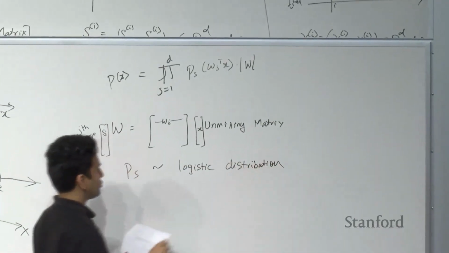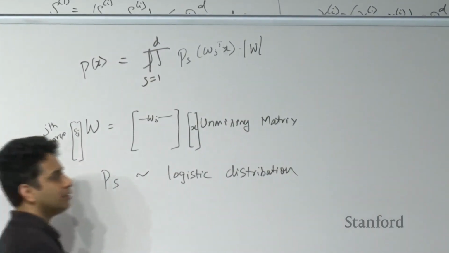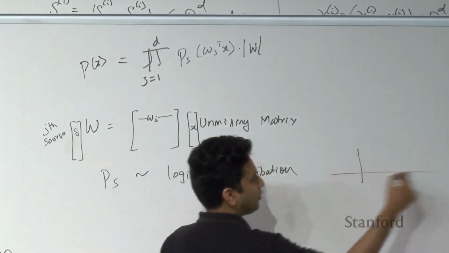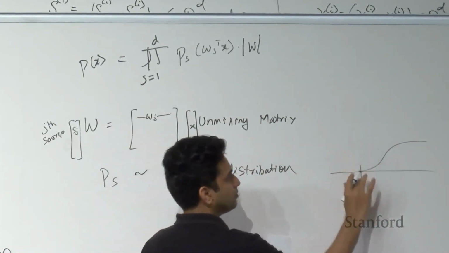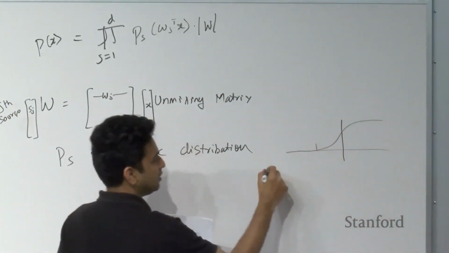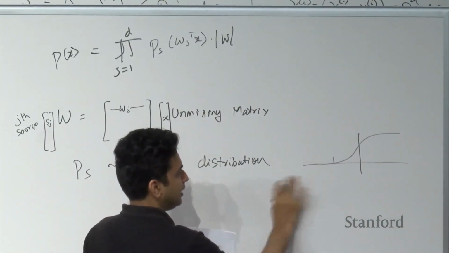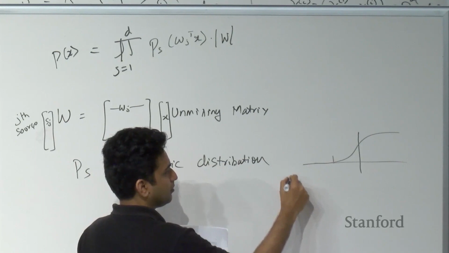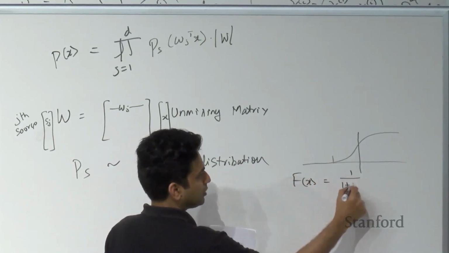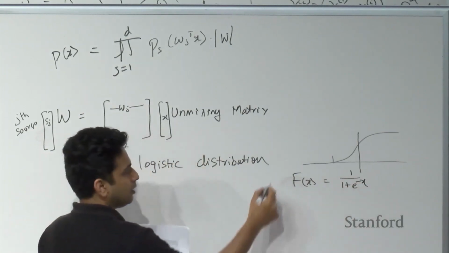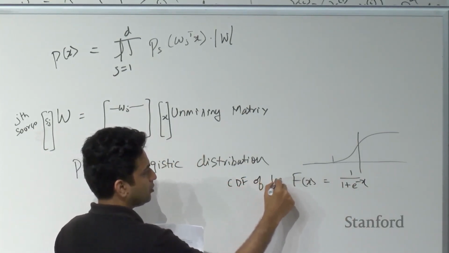So the logistic distribution is the distribution whose CDF is the logistic function, right? So if you remember, the CDF of x is equal to 1 over 1 plus e to the minus x. So this is the CDF of logistic.